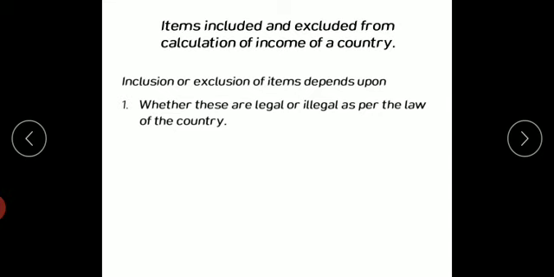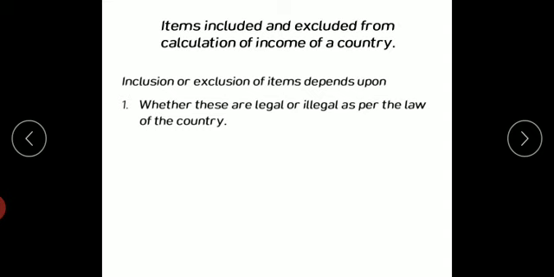No doubt they get a huge amount of money from this business, but as per the rule they are illegal.